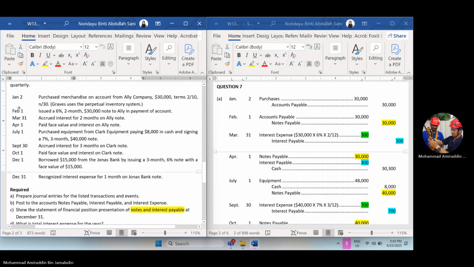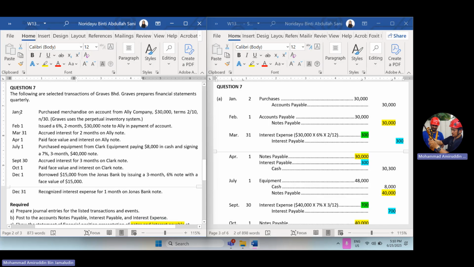Journal entry, January 2nd. Purchase merchandise on account. What is purchase merchandise? In midterm, when I receive your purchase goods, you put debit goods account. We don't maintain that anymore. We maintain the movement of stock.